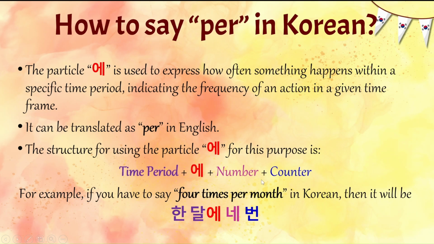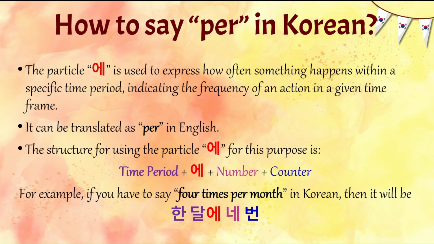Then comes the number, and then comes the counter following the number. I know if you just look at the structure, it becomes a bit confusing, but when we see example sentences, it becomes easier to remember this structure and to understand how to frame sentences.